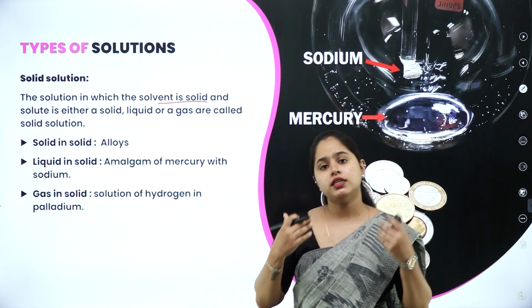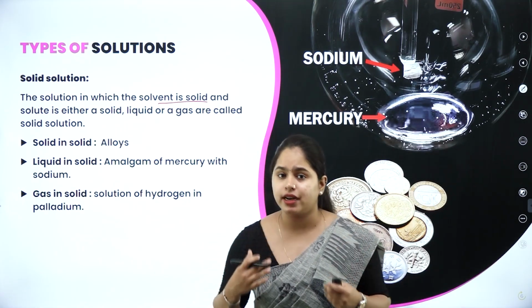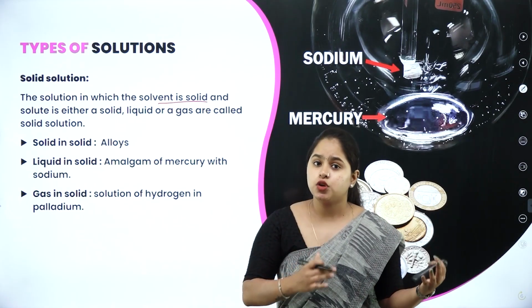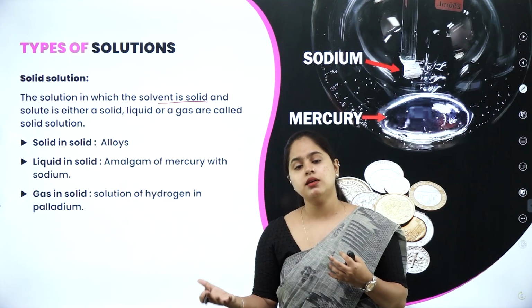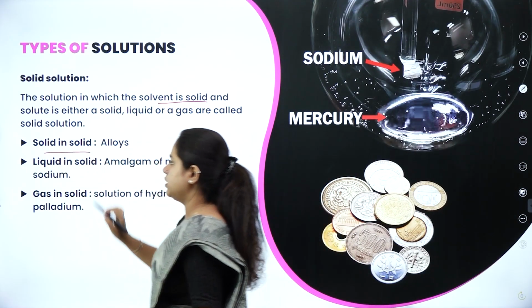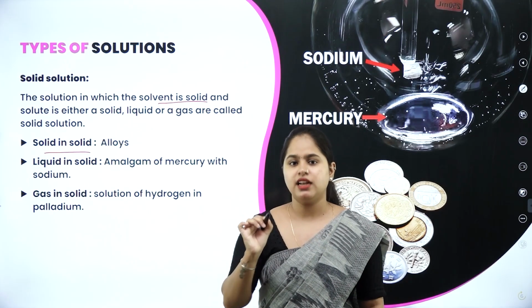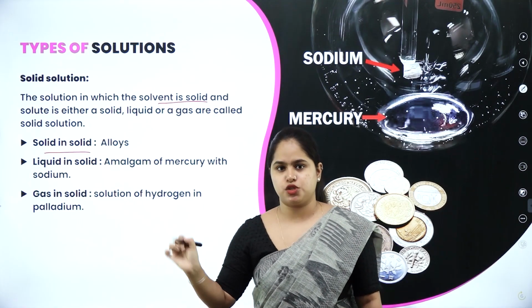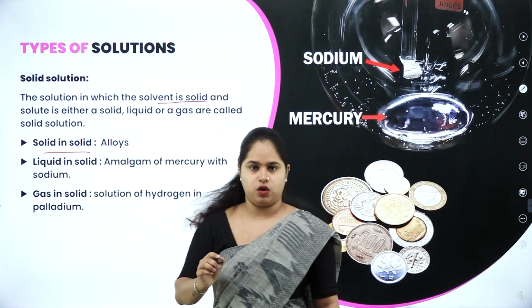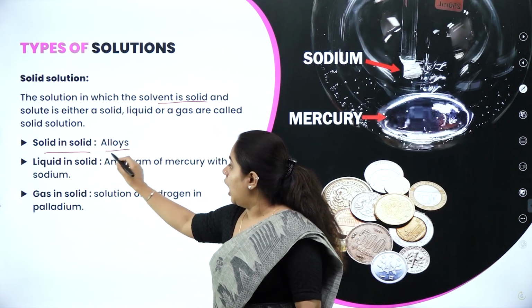Under solid solution itself, there are 3 categories, based on the solute which is present. If the solute is solid and the solvent is also solid, we get solid in solid solution. We write it like that: solid in solid solution. That means the solute is solid and the solvent is solid. An example for it is alloys.